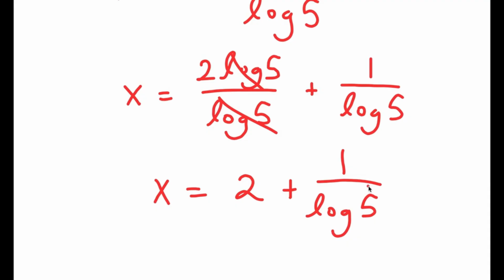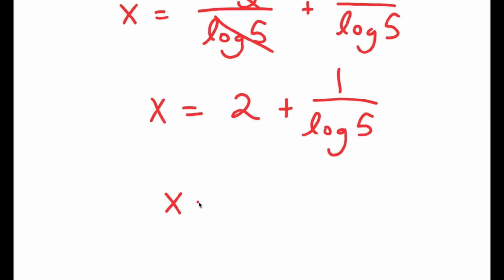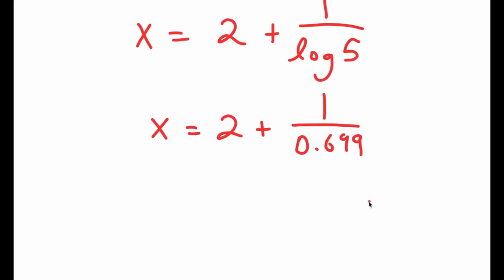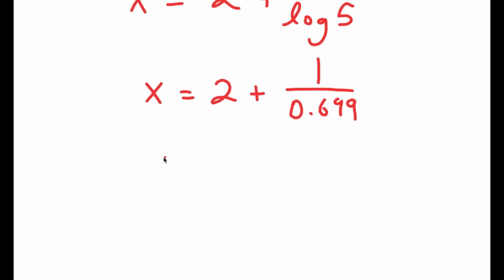And log 5 is equal to 0.699, meaning 1 divided by log of 5 is going to equal 1.43.